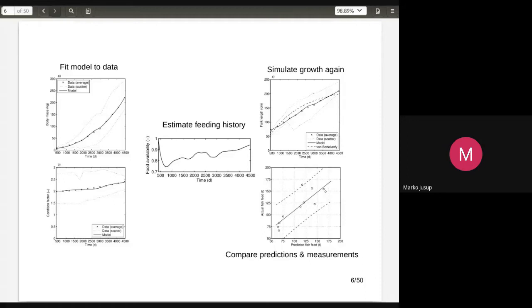So it's a complete life cycle model. Normally, it runs by specifying environmental conditions, going from environmental conditions to growth and maturation and reproduction.